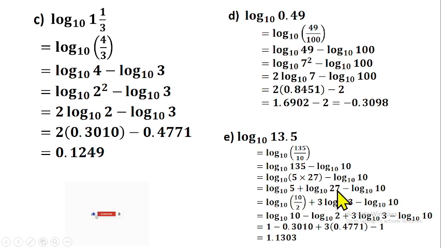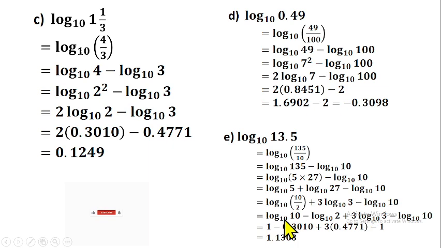Then 27 can be written as 3 raised to power 3. Then that power will come to the front, which should give us 3 log 3. Then minus log 10 base 10. Then log of 5 can be broken down, because of this division, to log of 10 minus log of 2, plus 3 log 3, minus log 10 base 10.